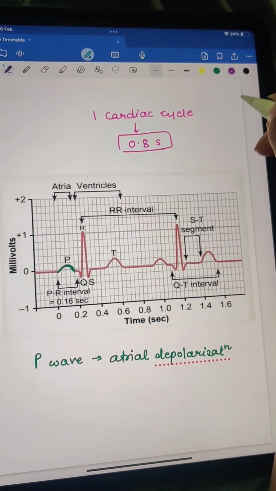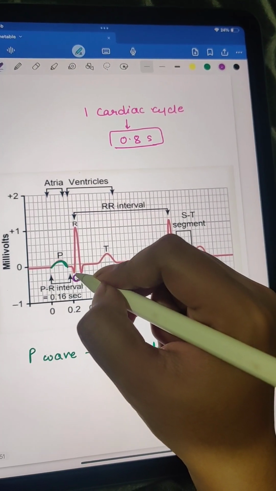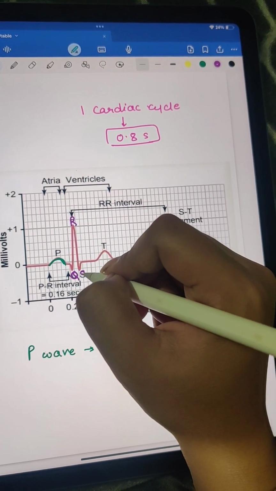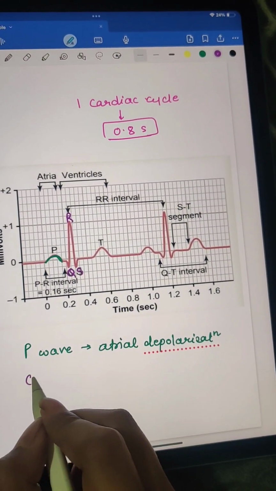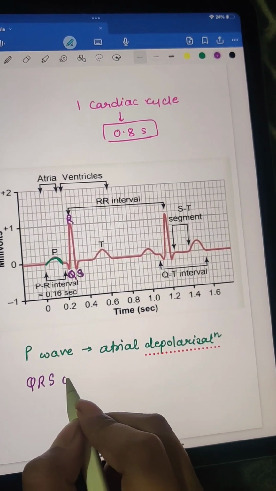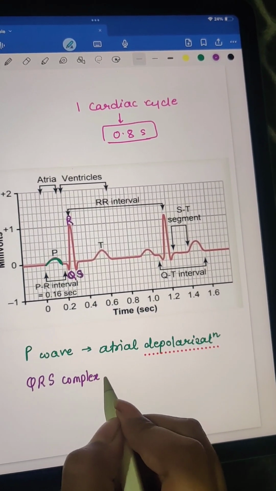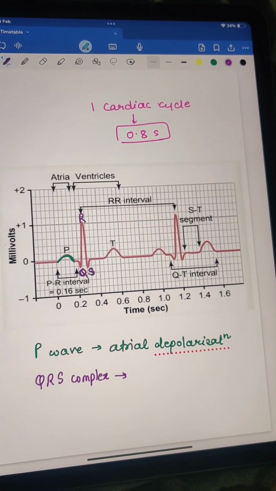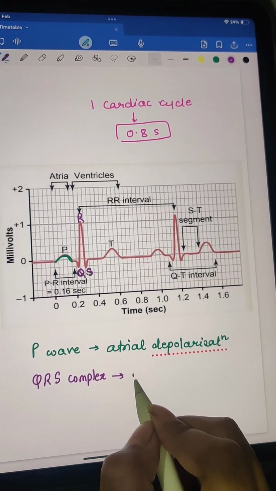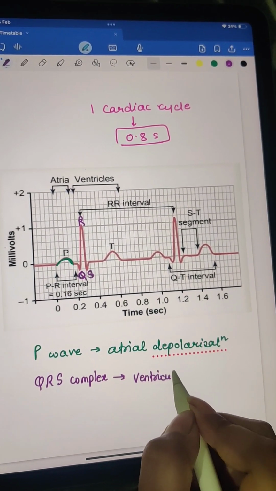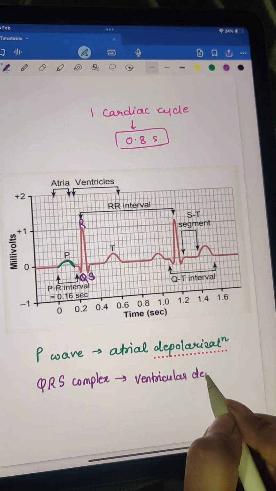Then we have these 3 waves. First is QRS. This QRS is what we call the QRS complex. QRS complex is made up of 3 waves: Q wave, R and S wave. This QRS complex represents ventricular depolarization.